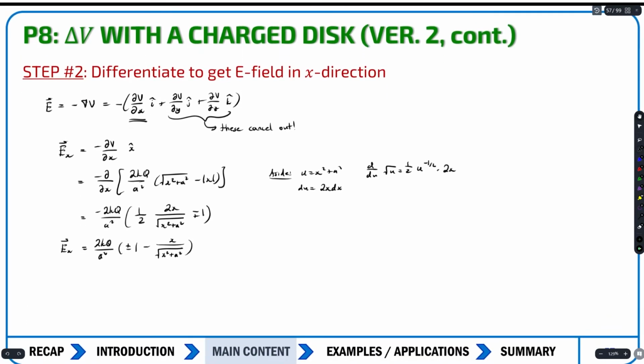So that is another way to solve for the electric field, and it's going to be in the, oh sorry, not r hat direction, x hat direction. So that would be how you would approach solving the electric field in a different manner using the potential gradient.